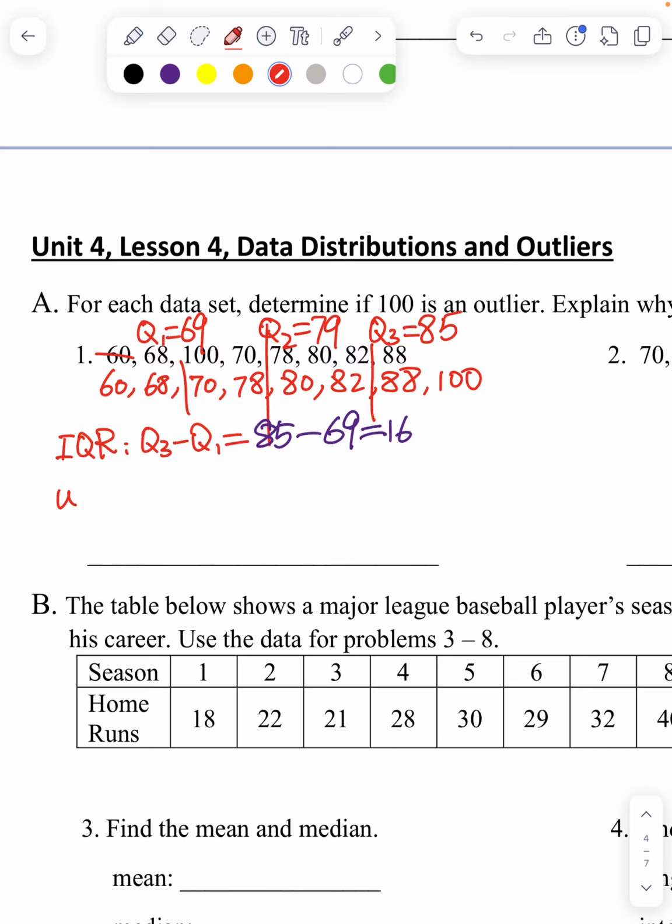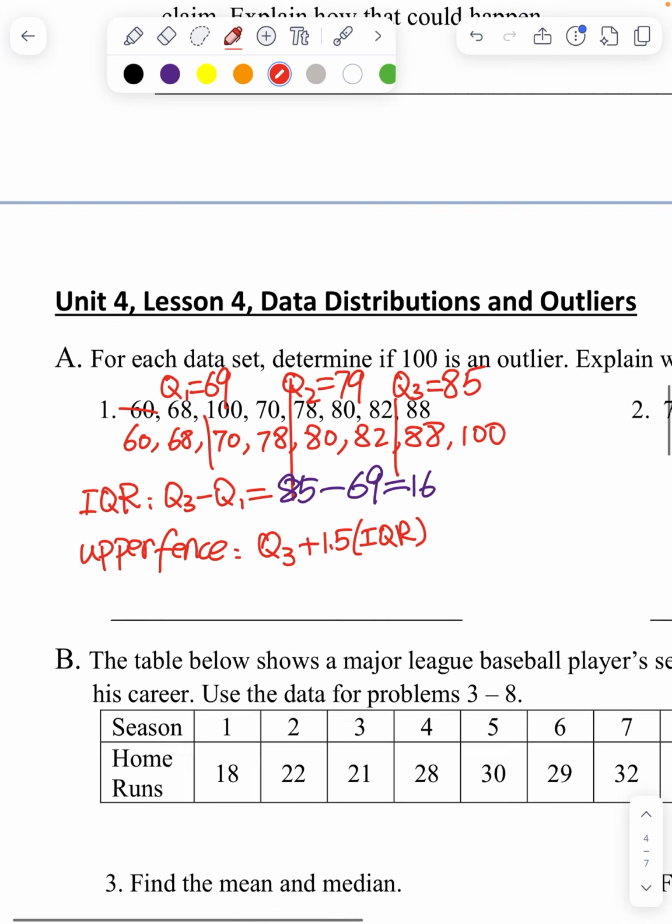Okay, we're going to find out the upper fence. For the upper fence, we're going to use Q3, the upper median, plus 1.5 times IQR.